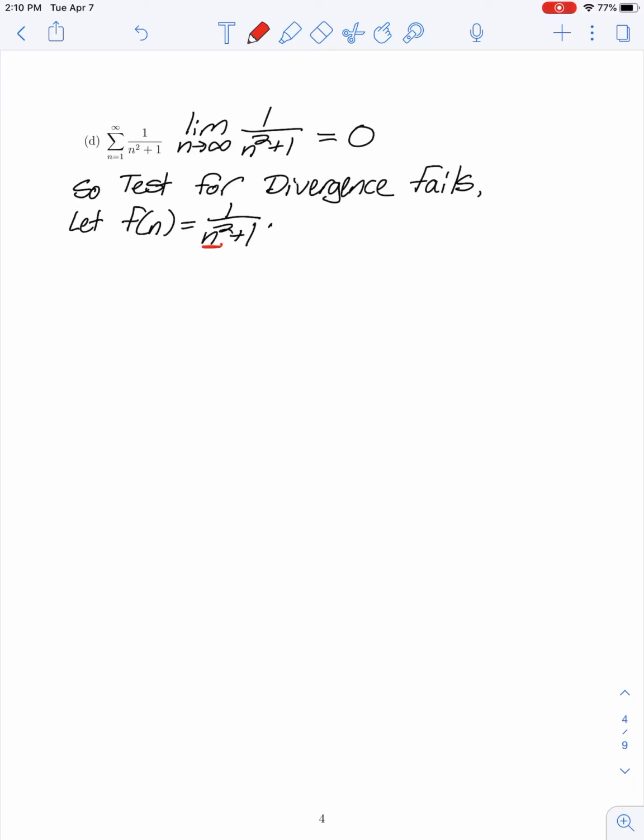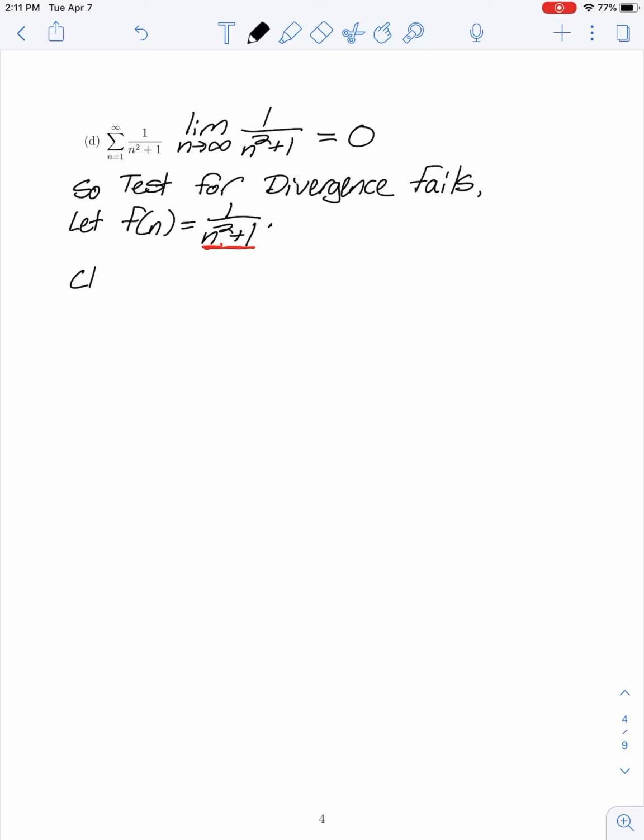It will be continuous over our interval, since my denominator, n squared plus 1, can never be equal to 0, and my numerator is always defined as a constant 1. And it's clearly decreasing. If I make the values of n larger, then my denominator, n squared plus 1, becomes larger, and the ratio of 1 over that constant becomes smaller.